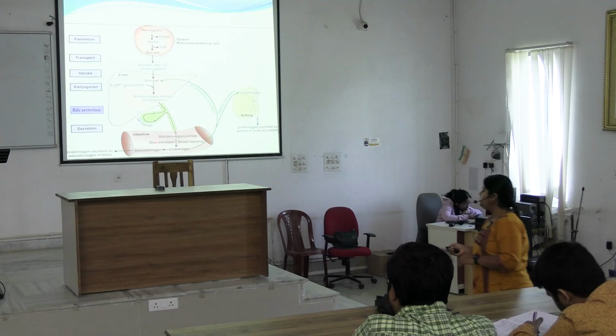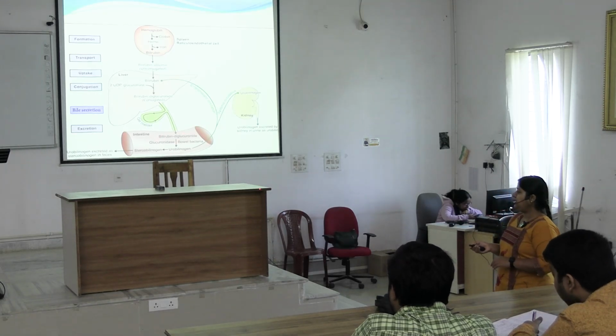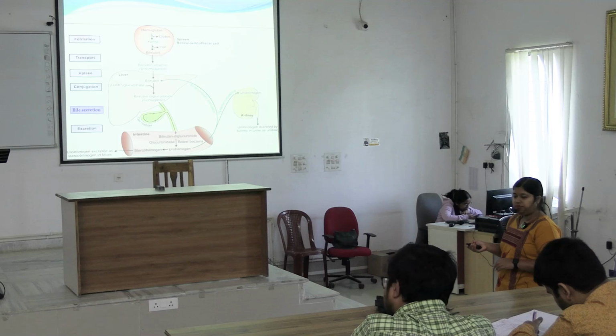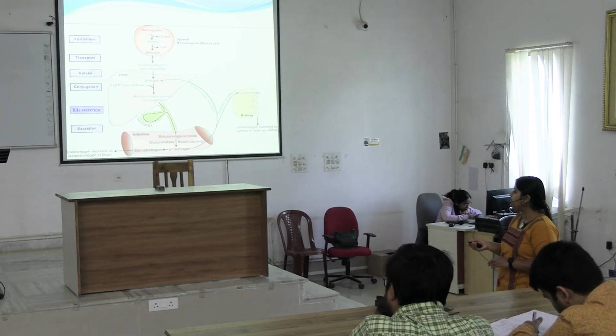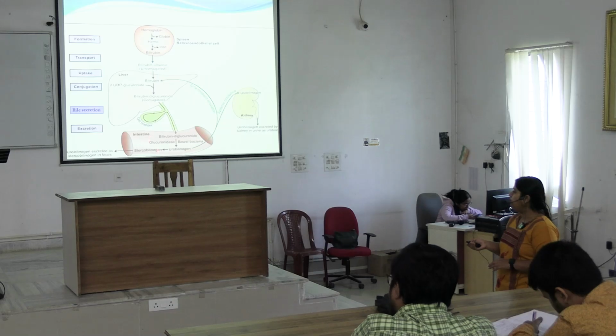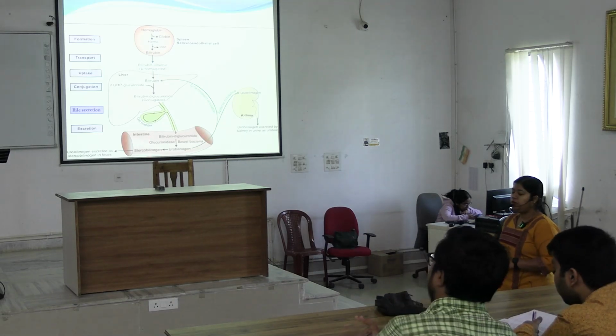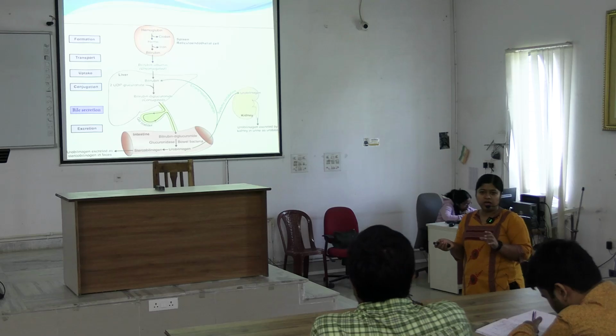Urobilinogen is a substance that can be further excreted via feces or stool in the form of stercobilinogen. Stercobilinogen is the compound that gives the stool its brown color.